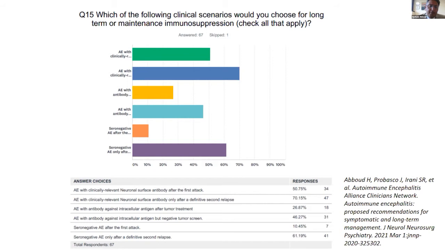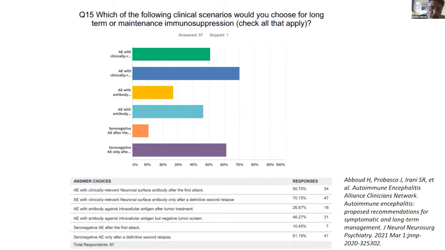Because of this, in this recent manuscript that was published by the Autoimmune Encephalitis Alliance Clinician Network Group, we sent a survey to all participating members, asking them about their approach to management of autoimmune encephalitis, both in the acute setting and the long term.